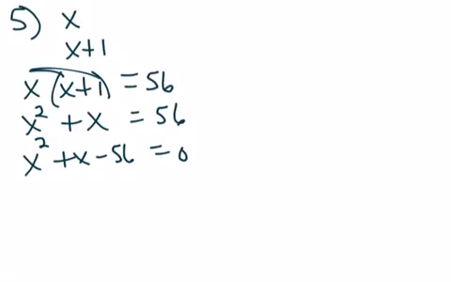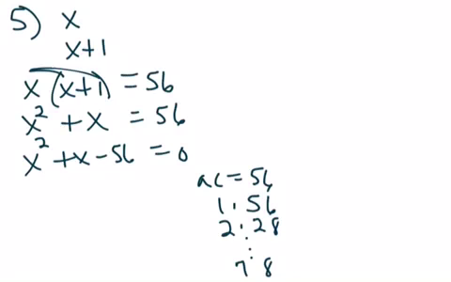And when you do the AC factoring, you've got 56, so 1 times 56, 2 times 28, and we end up with 7 and 8. So this would be x squared plus 8x minus 7x minus 56 equals 0.